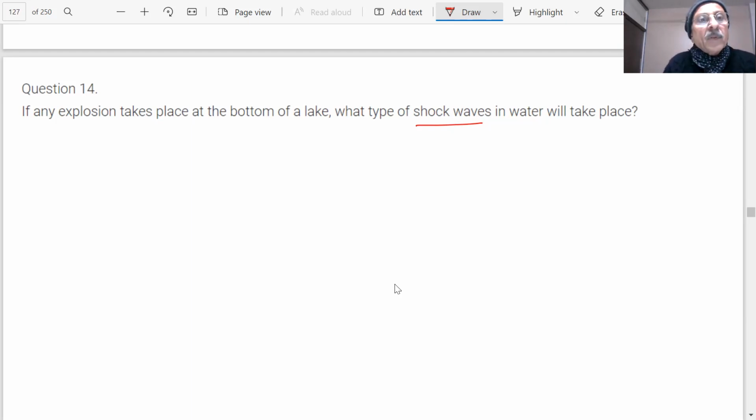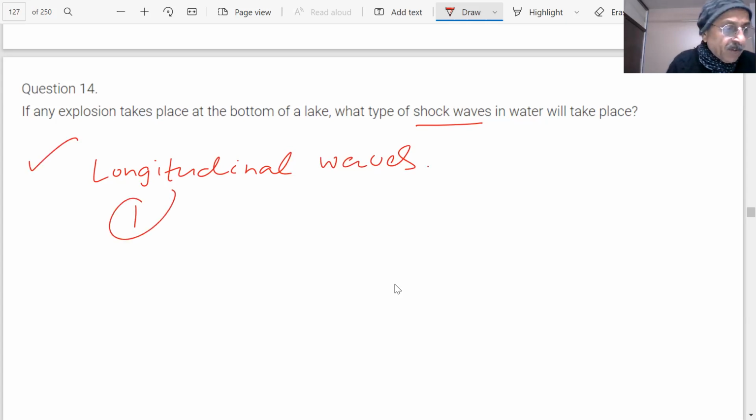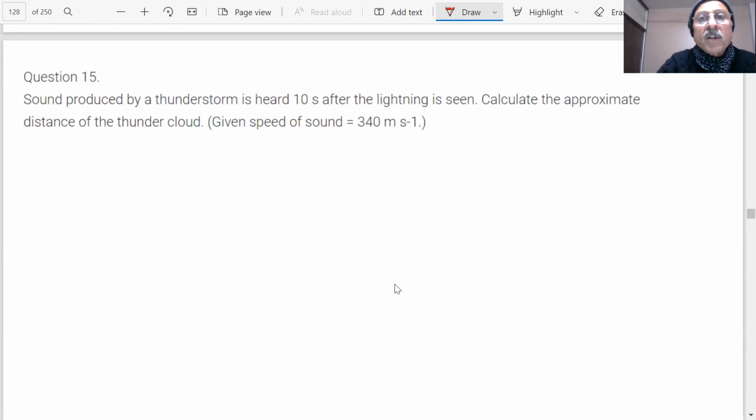Sir, longitudinal waves. We are aware what type sound travels in what form. Sound waves are longitudinal waves. That is the correct answer. Every time we talk of sound, these waves are longitudinal waves.